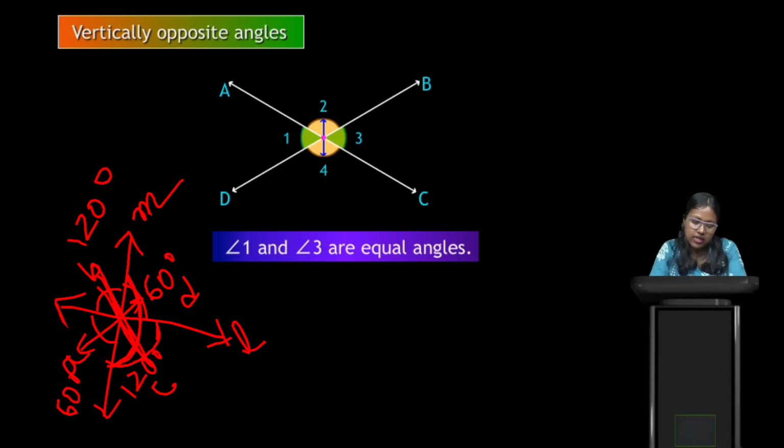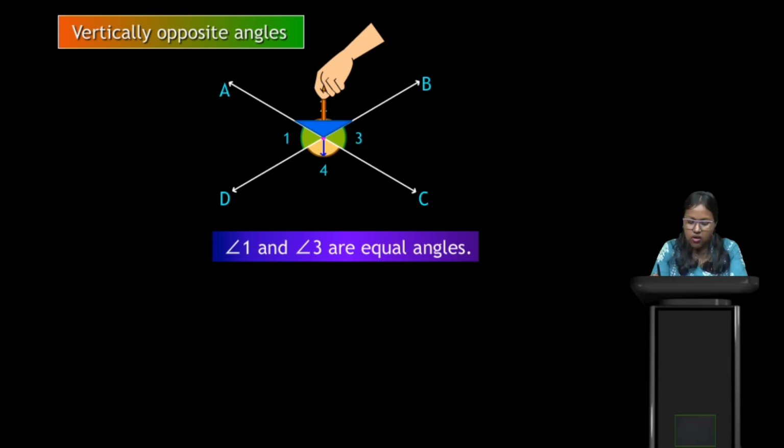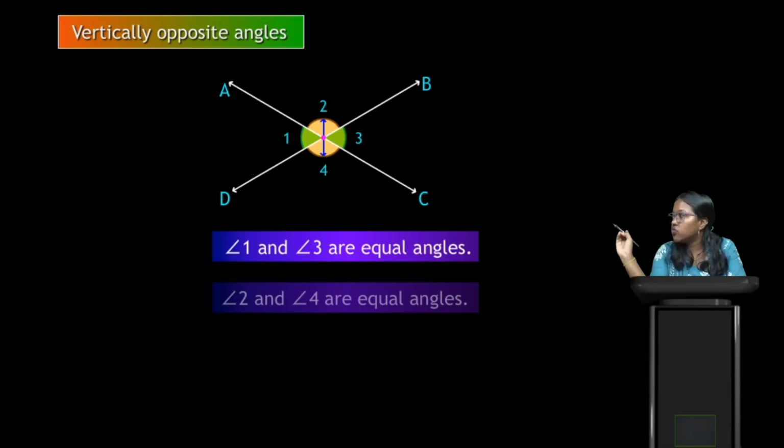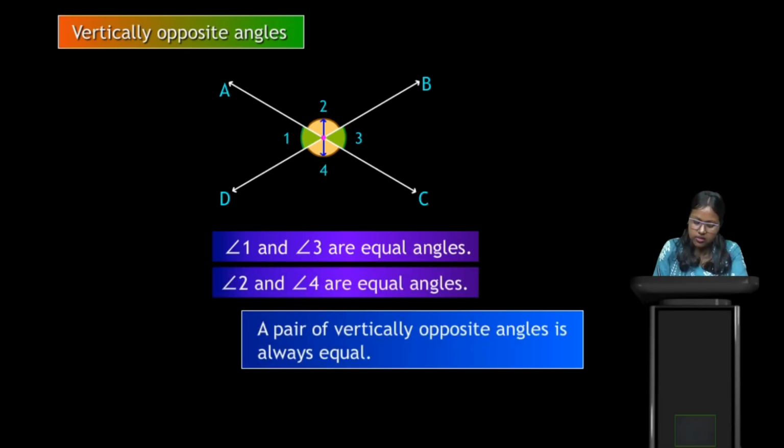So like this, here we can see that angle 1 and angle 3 are equal angles. Here also you see angle A, angle D are equal angles, vertically opposite angles are equal. Yes, here also again another thing you see, angle 2 and angle 4. Both are also the same. That means angle 2 and angle 4 are equal angles.